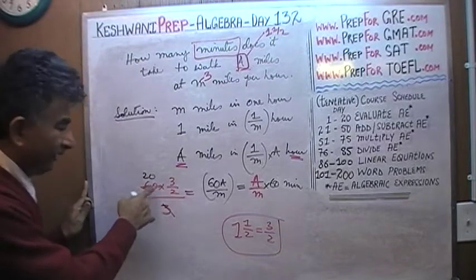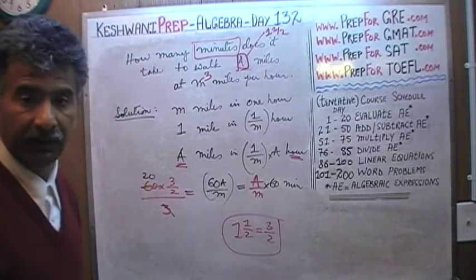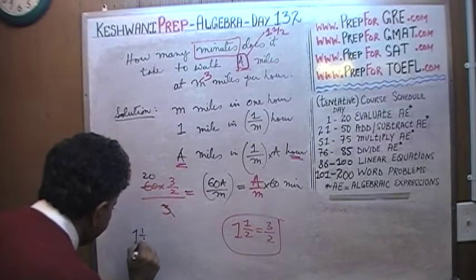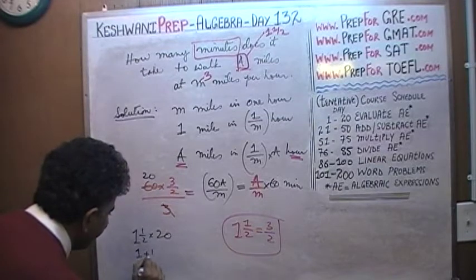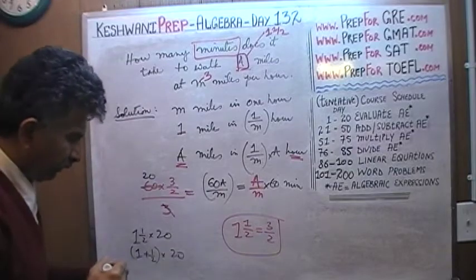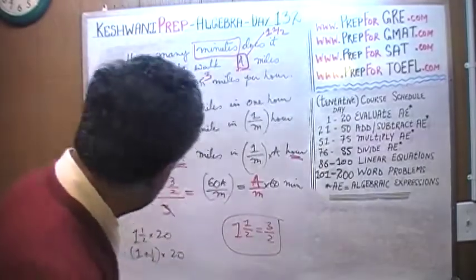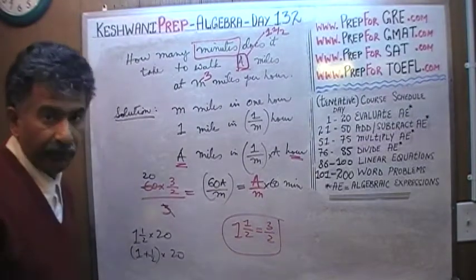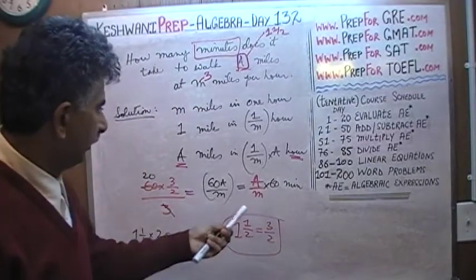And what is 1.5 of 20? 1.5 of 20 is 30, because 1.5 of 20 is the same as 1 plus a half times 20. This part is absolutely unnecessary. I'm being ridiculous right now. You don't need all of this work. 1 times 20 is 20 and half of 20 is 10. So 1.5 times 20 is 30, which is exactly what we found before when we did the work.